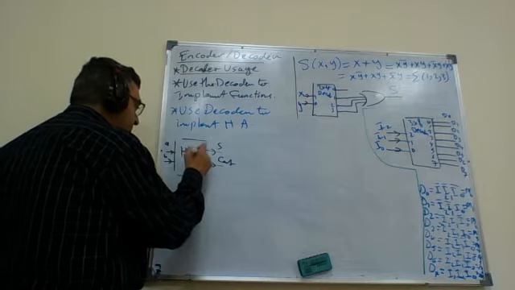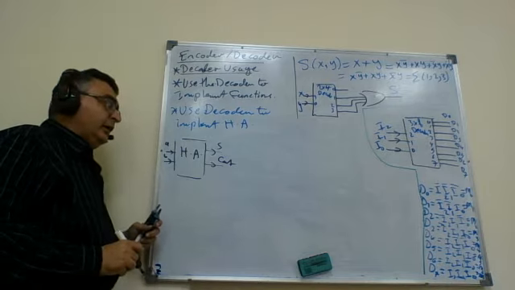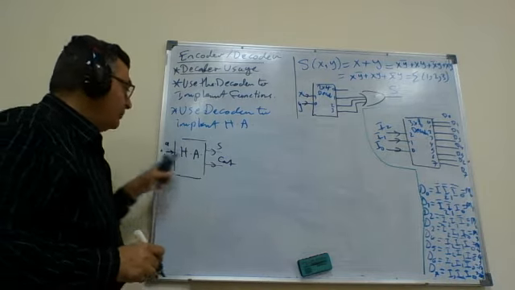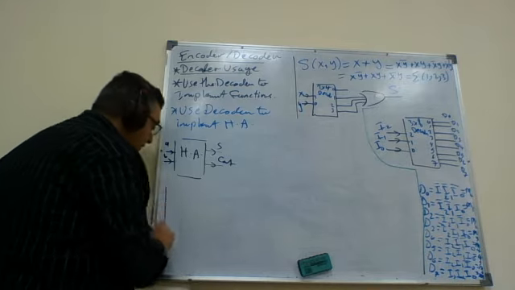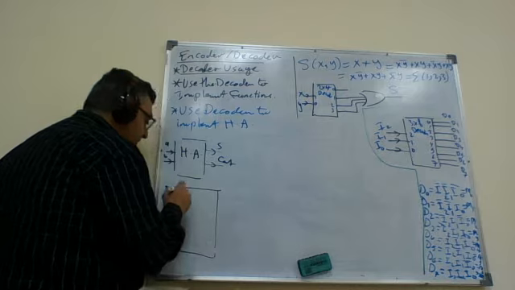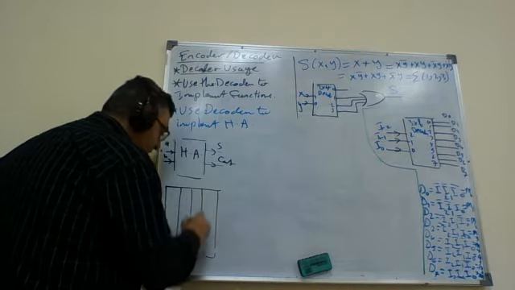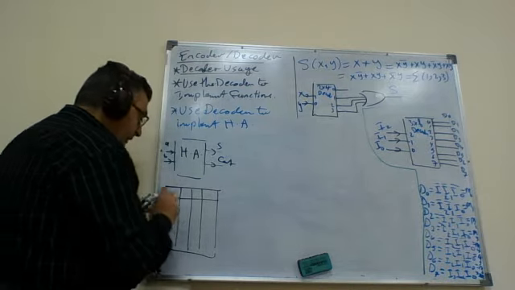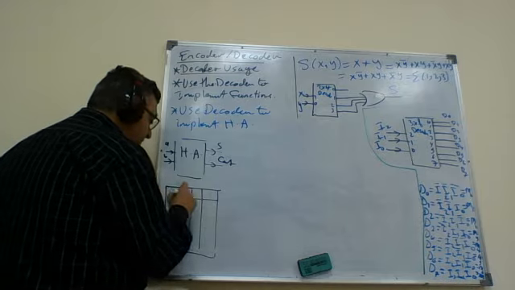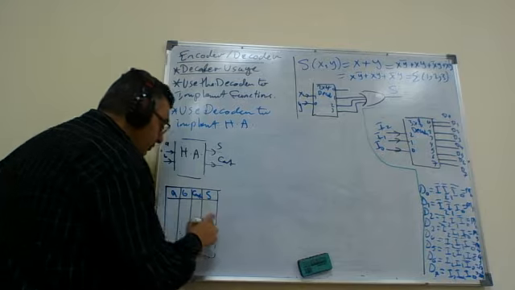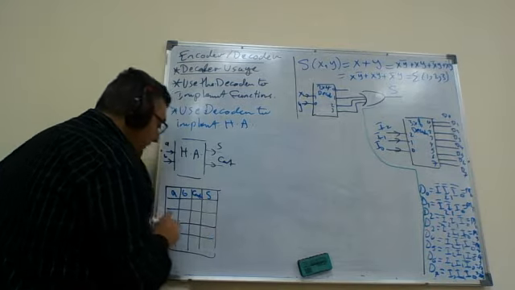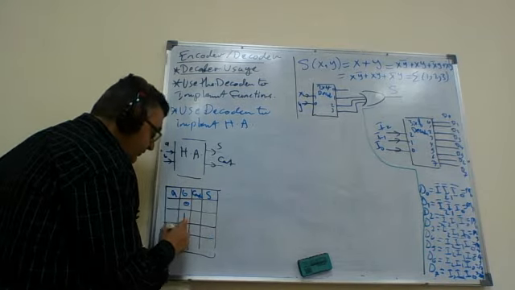Do you still remember the truth table for the half adder? The truth table has A, B, S, and C out. The half adder adds A and B together.